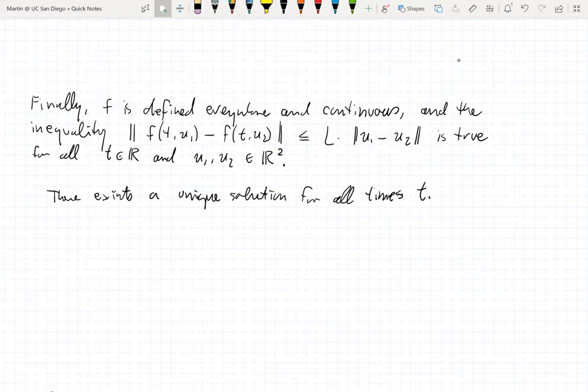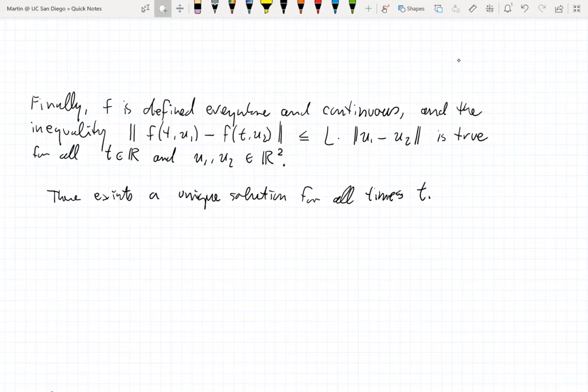Namely, we have already seen that f is defined everywhere and it is continuous. And we have proven this inequality: the Euclidean norm of f(t, u1) minus f(t, u2) is bounded from above by L times u1 minus u2 in Euclidean norm. We have found this constant L already, and that is true for all times t and all vectors u1, u2 taken from the two-dimensional Euclidean space.